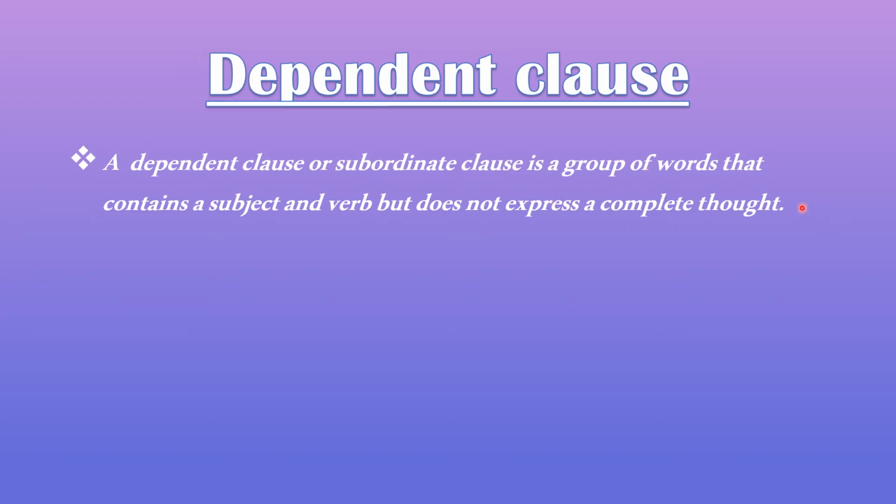A clause is a group of words which contain a subject and verb. But a dependent clause has a subject and verb but does not express a complete thought.